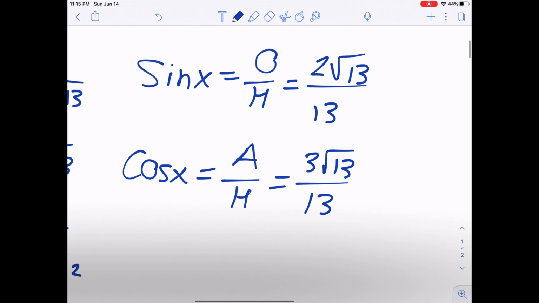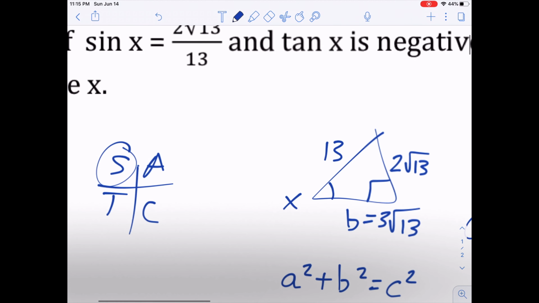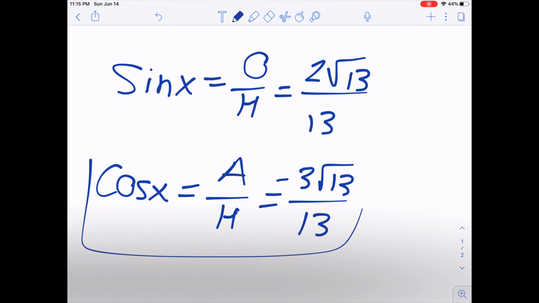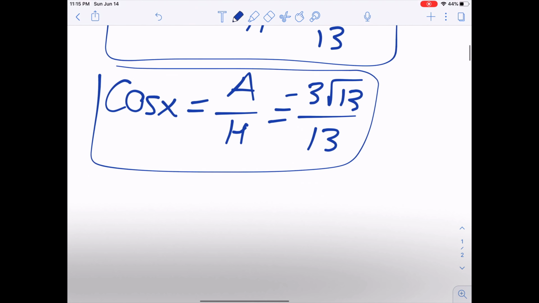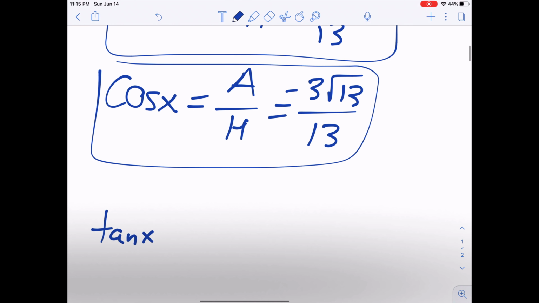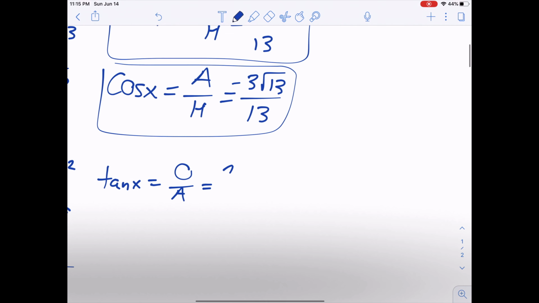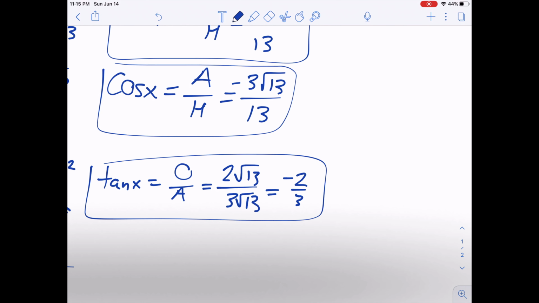Now, since our sine should be positive, nothing else will be, except for cosecant. So this is going to be negative. Next, we have tangent of x, which is equal to opposite over adjacent. And this is going to equal 2 radical 13 over 3 radical 13. We can simplify this down just to 2/3, and it's going to be negative.